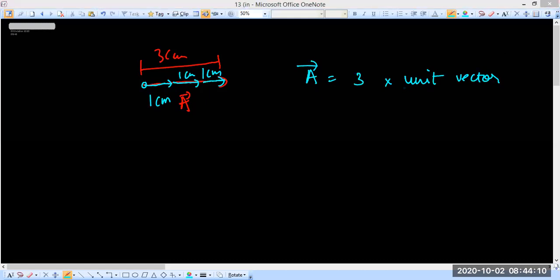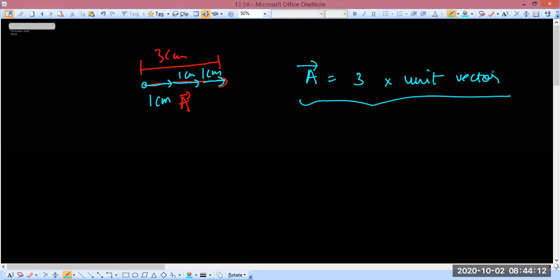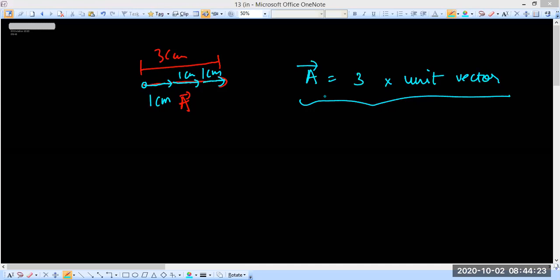Right? I hope this is clear to all of you, that a vector equals 3 into unit vector, right? 3 times, because we'll have to draw it 3 times.